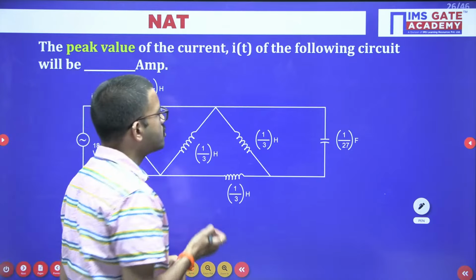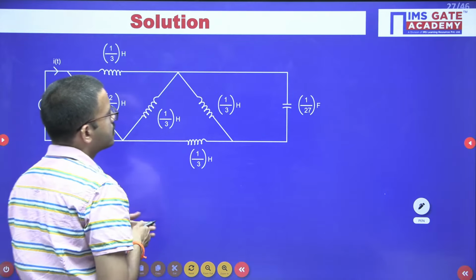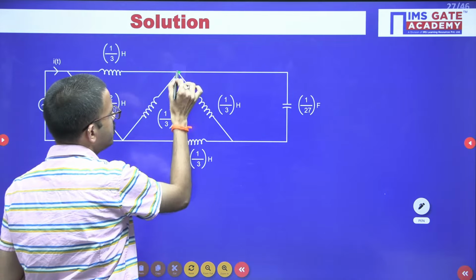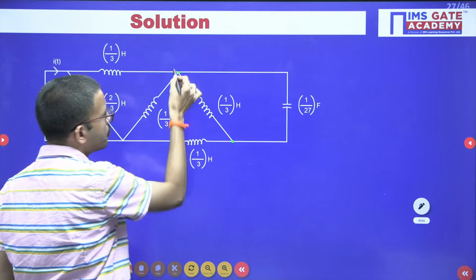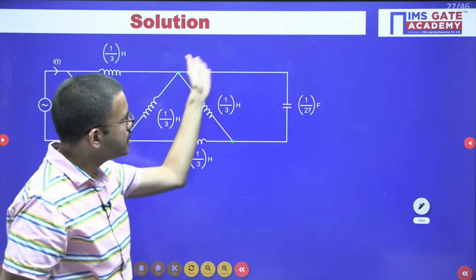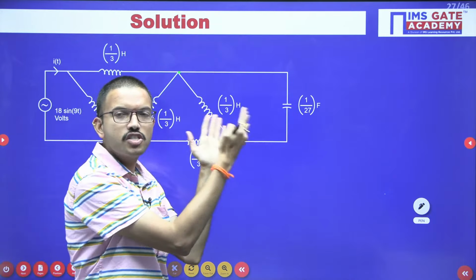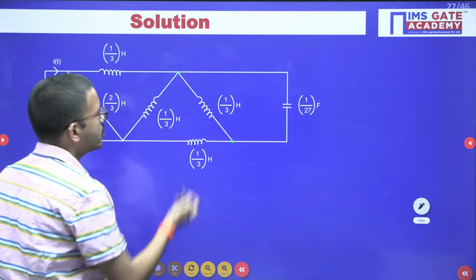The reason is, if you closely observe this particular circuit, between these 2 points, here you're having one inductor, and in this branch you're having one capacitor, right? How are these two connected? These two are connected in parallel.